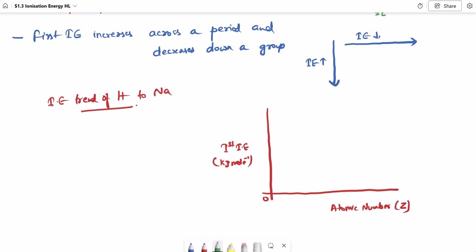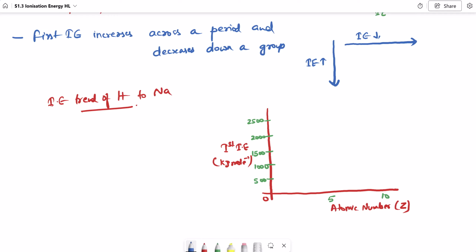In between I'm putting 5, then 10. For energies, I'll give 500, 1000, 1500, 2000, 2500.